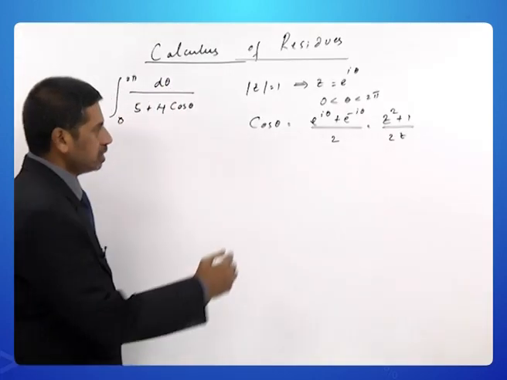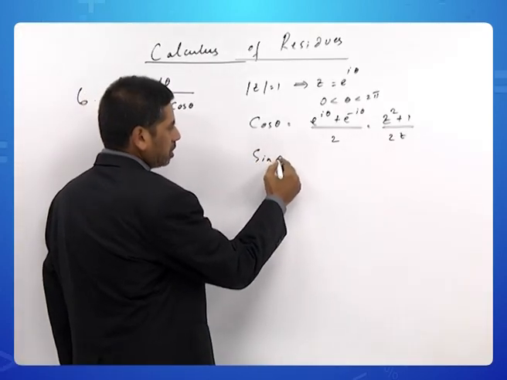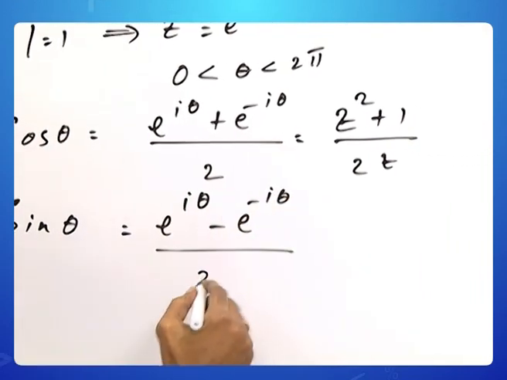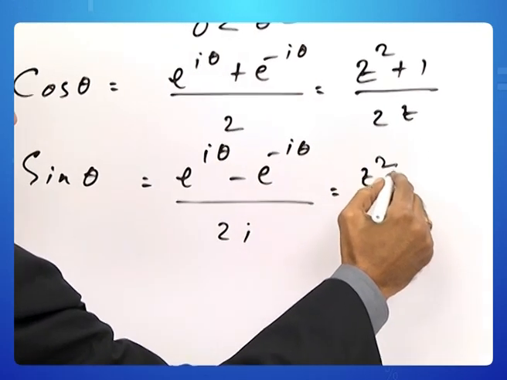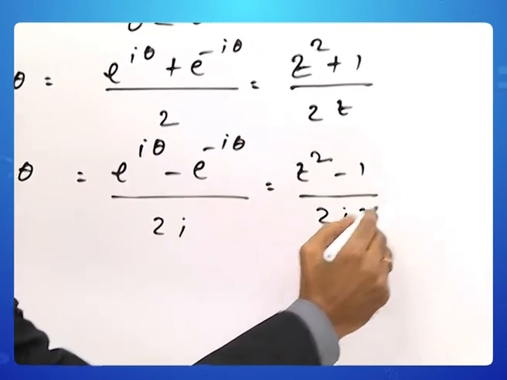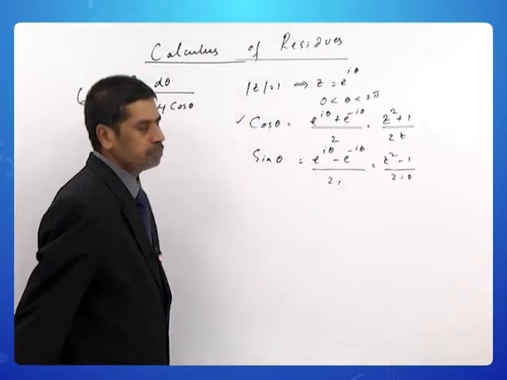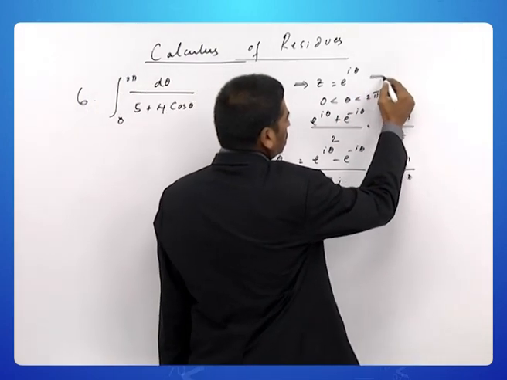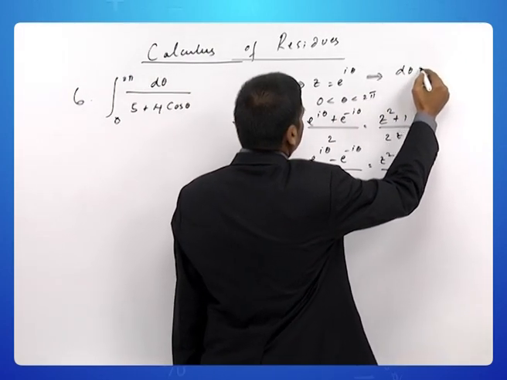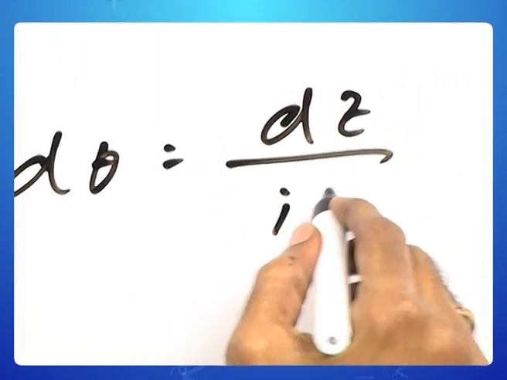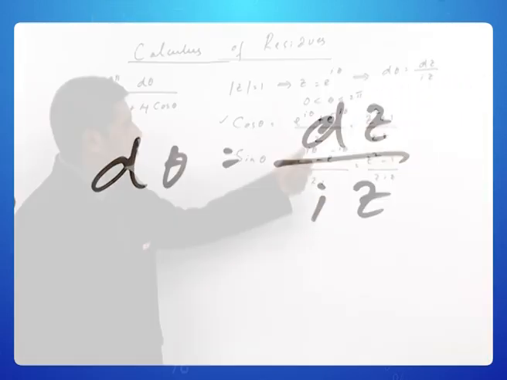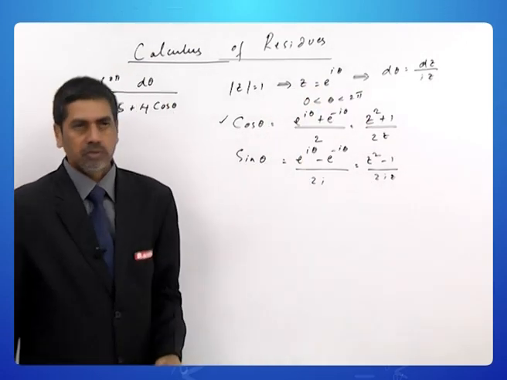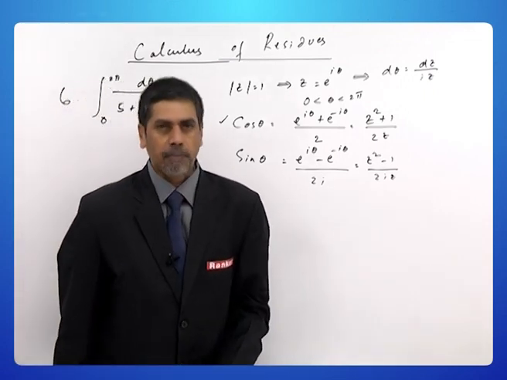Of course, there is no sin theta here, but in case there is, we all know the conversion will be e power i theta minus e power minus i theta by 2i, giving z square minus 1 by 2iz. Right now we are interested in cos theta. Apart from this, z is equal to e power i theta will give us d theta is equal to dz by iz. That is easy to visualize because dz is equal to i e power i theta d theta, where e power i theta is again z. So d theta is equal to dz by iz.